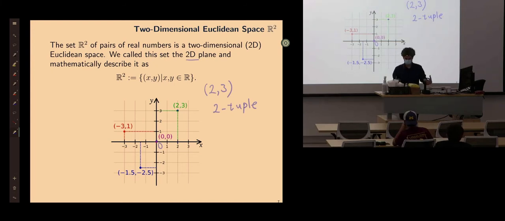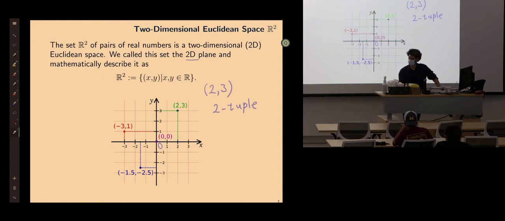This is a mathematical object. It's a name for an ordered list of objects. Not necessarily numbers. They don't have to be of the same type. It can be an image, a shape, a character, whatever it is. So an ordered list of objects is a tuple.